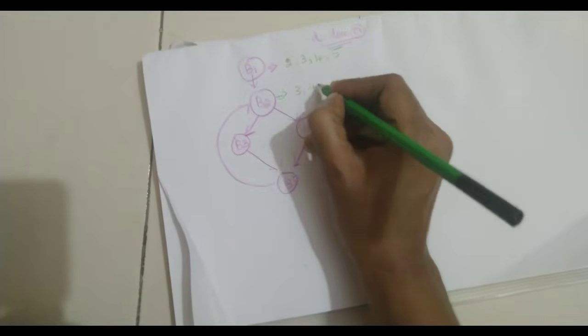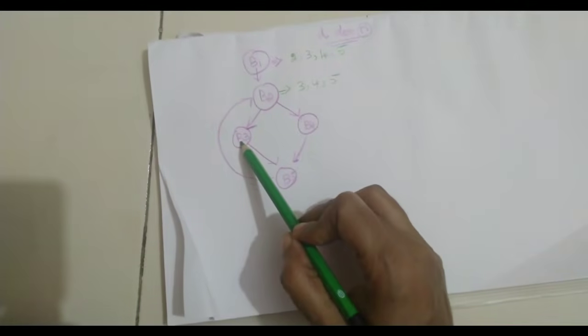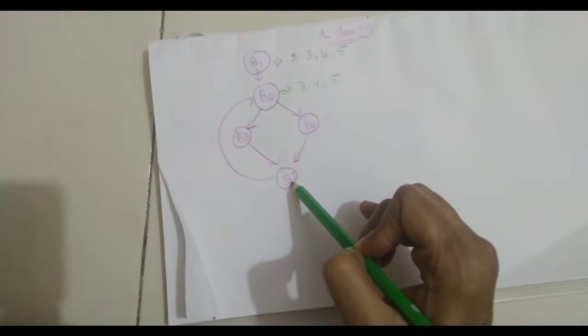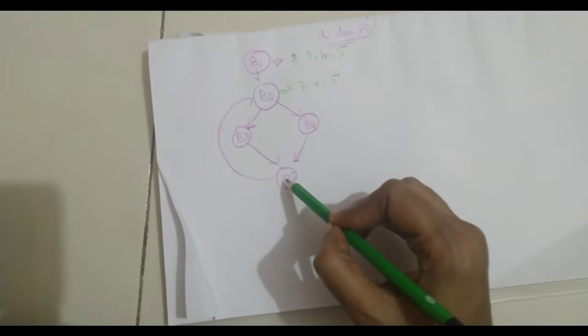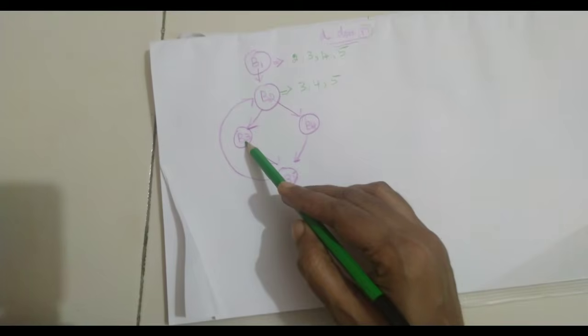Let us see again B3. Whether B3 is a dominator of B5, let us see. That means you can reach B5 only through B3. If that were the case, then B3 would be the dominator.